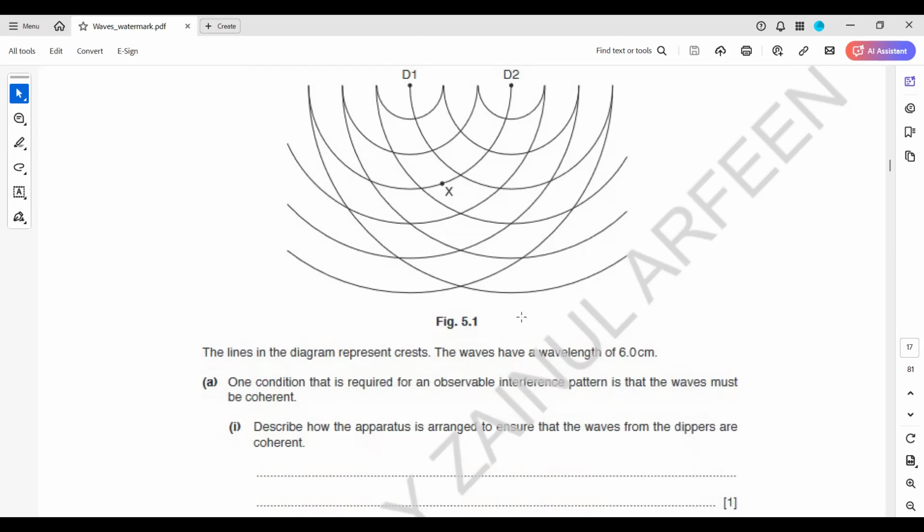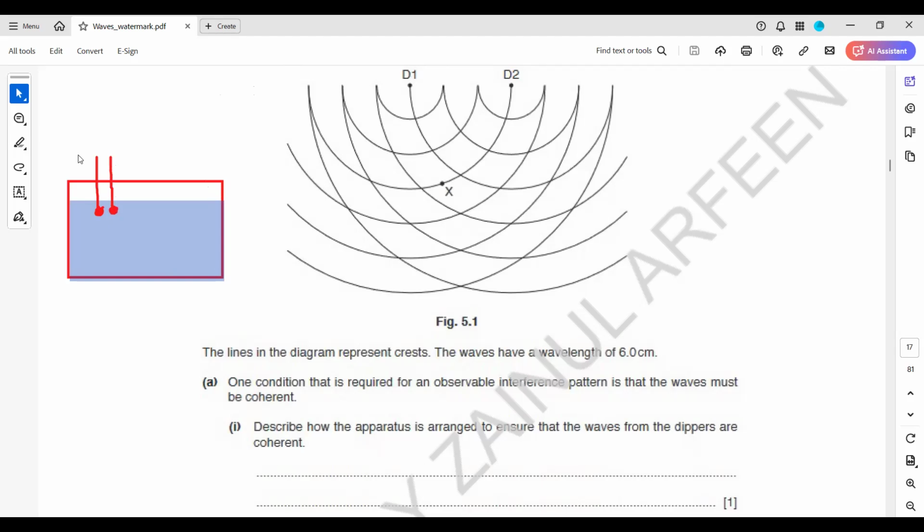If this is a side view of a ripple tank, like you are looking from the side, and here we have water. And there is a dipper inside the water.